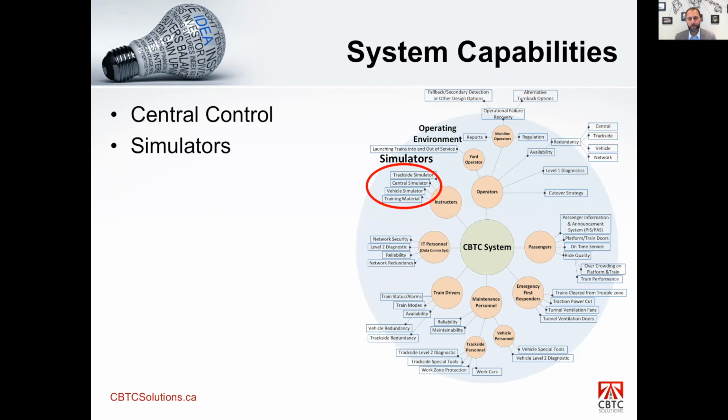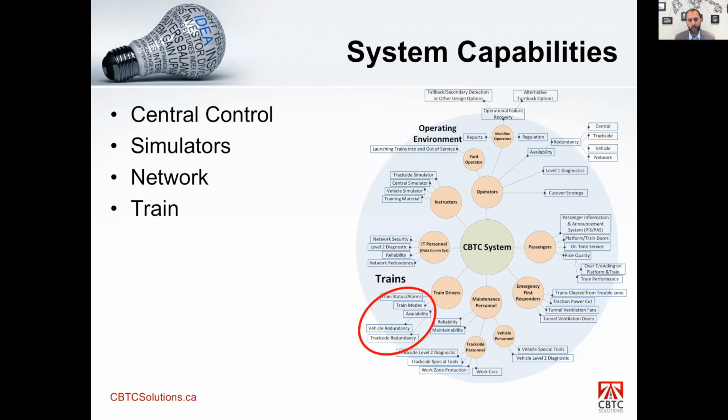For the instructors, they're concerned with simulators. So we create a topic called simulators, and all topics related to that, such as trackside, central and vehicle simulator, would fall under this subcategory. For the IT personnel, we'll just create a topic called network, and anything related to the wireless and the wired network would fall under that category.